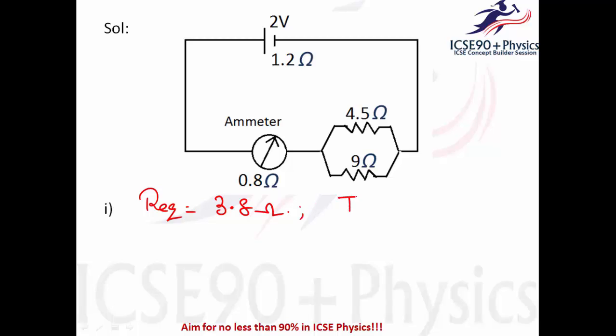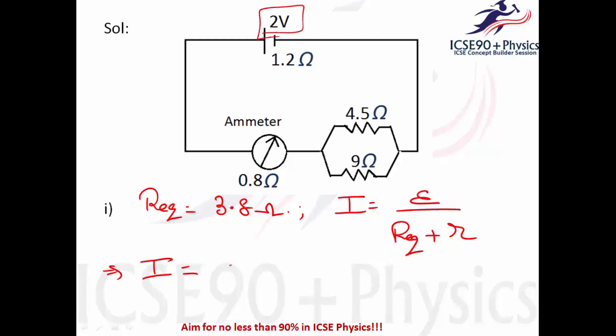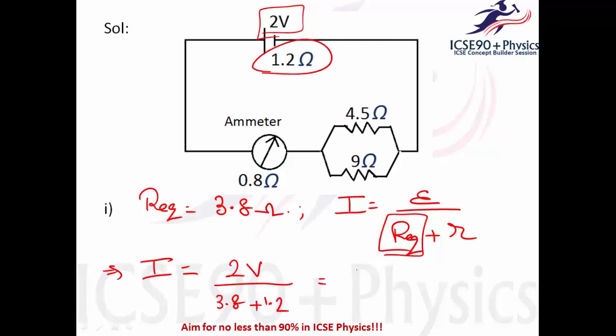We've seen that the current I is equal to the EMF of the cell upon R equivalent plus the internal resistance. So the current I is simply equal to, the EMF is given to be 2 volts, right, upon R equivalent we calculated to be 3.8 ohms plus internal resistance of 1.2 ohms. So 2 upon 5, that is 0.4 amperes.